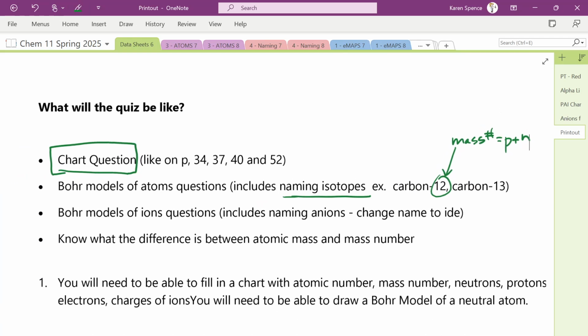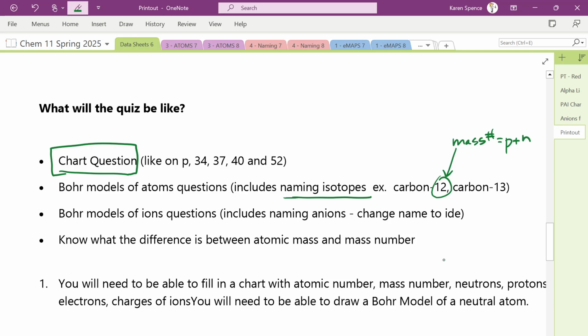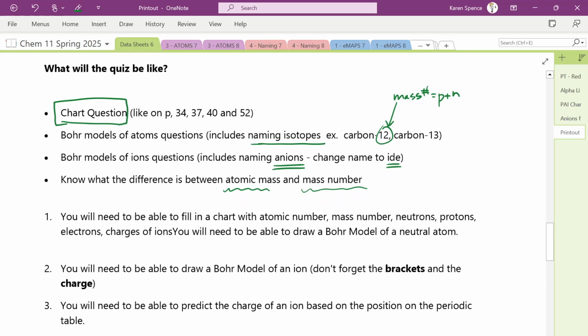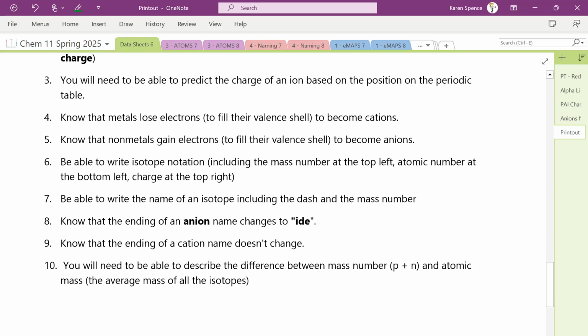There will be Bohr models of ions. And for anions, you need to change the ending to -ide. And you should know the difference between atomic mass and mass number. And this just gives you a little bit more details on it, okay? Everything gets walked through for you, though, all right? So we're good. Okay, that's it.